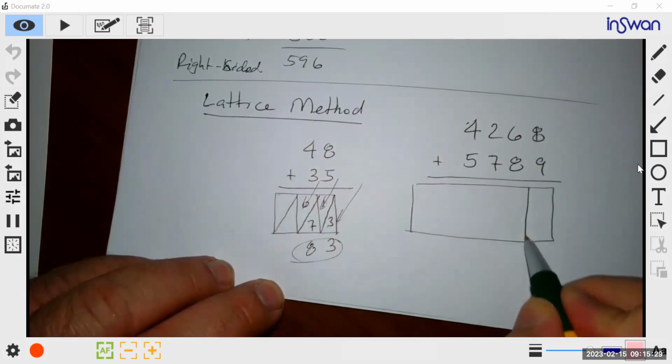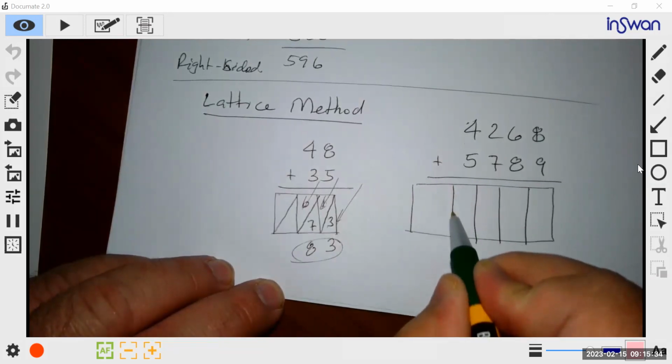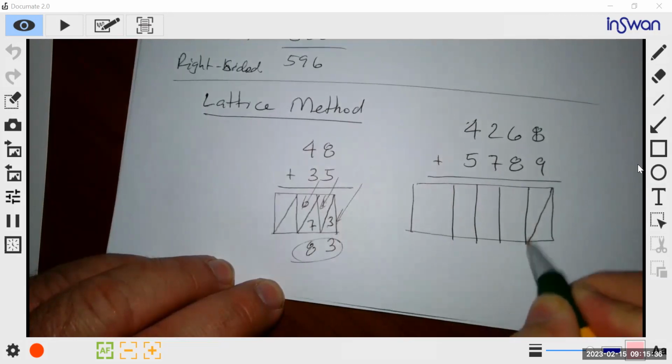So we have the 1s, the 10s, the 100s, the 1000s. And you just put diagonal lines in here.